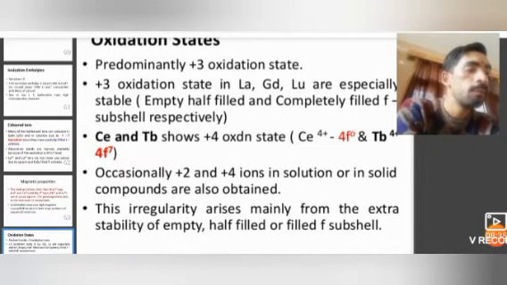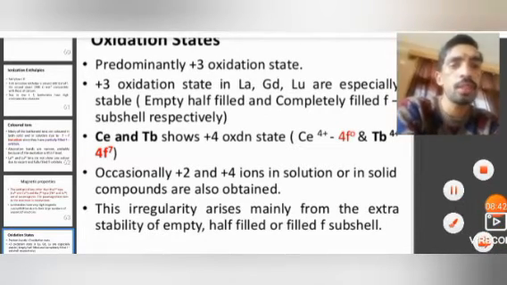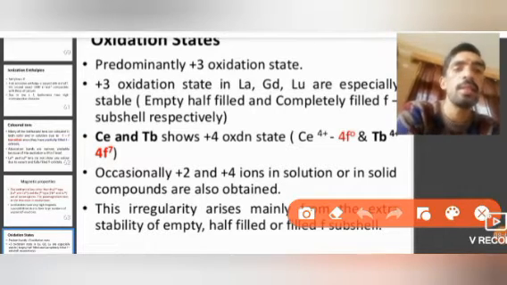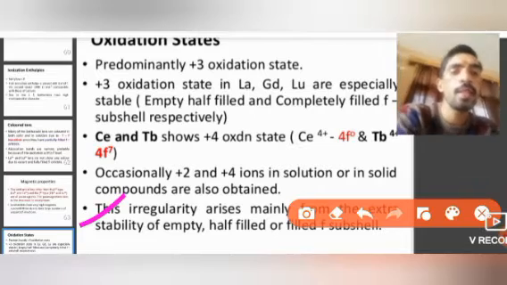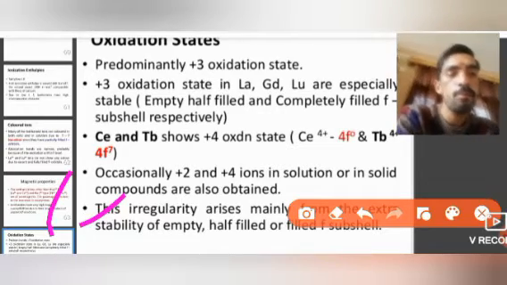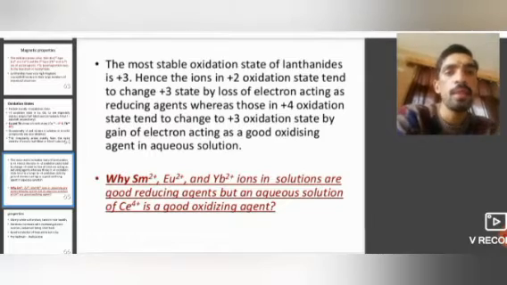Cerium and terbium show a +4 oxidation state, whereas the rest occasionally show +2 and +4 ions in solution also. This irregular behavior mainly arises from the extra stability of empty, half filled and filled f orbitals. So this was the oxidation state.